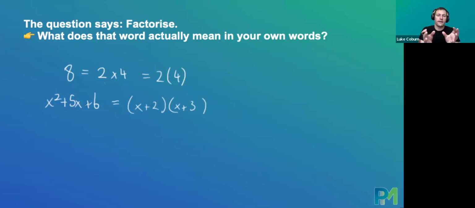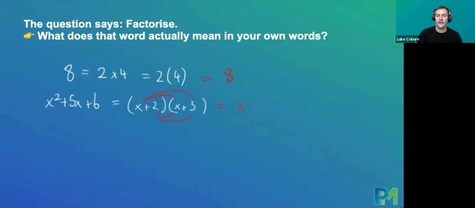We're taking things and breaking them down into smaller things that multiply to give us back the original. So we could multiply this back out here to give us 8, or we could multiply this back out here, by multiplying that by that, that by that, this by this by this.